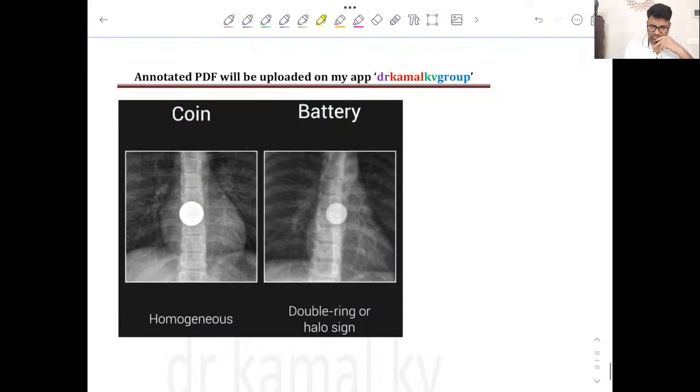And when we look at a coin, it is fully homogeneous, just one kind of density all around. But in a case of button battery, we will see a classical double ring sign. So you can see a black line somewhere like this. So there is a black line between the two opacities, right? So this is the double ring sign of button battery accidental ingestion.